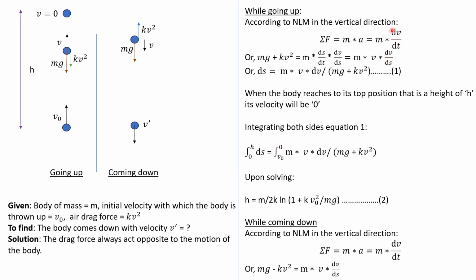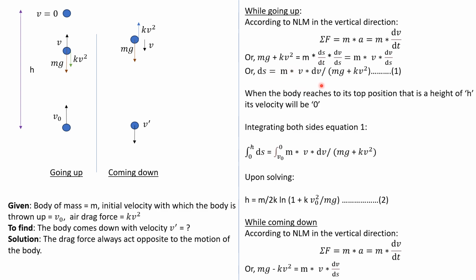What is the intention of changing it to dv by ds? The intention is that we are first interested in knowing how much height it will achieve. Height is the displacement, so that is the reason we have brought this equation into the form of dv by ds, so that we can find the height to which the body has ascended finally after coming to rest.